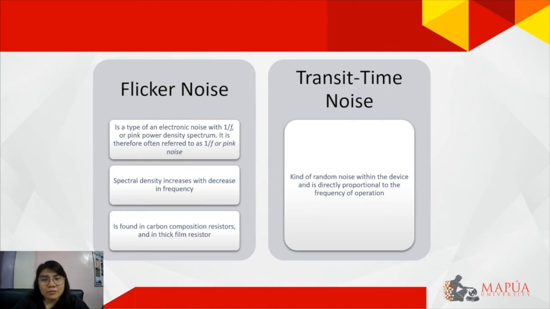At low frequencies, this time is negligible, but when the frequency of operation is high, and the signal being processed is the magnitude of the transit time, then the problem can occur. The transit time shows up as a kind of random noise within the device, and this is directly proportional to the frequency of operation.